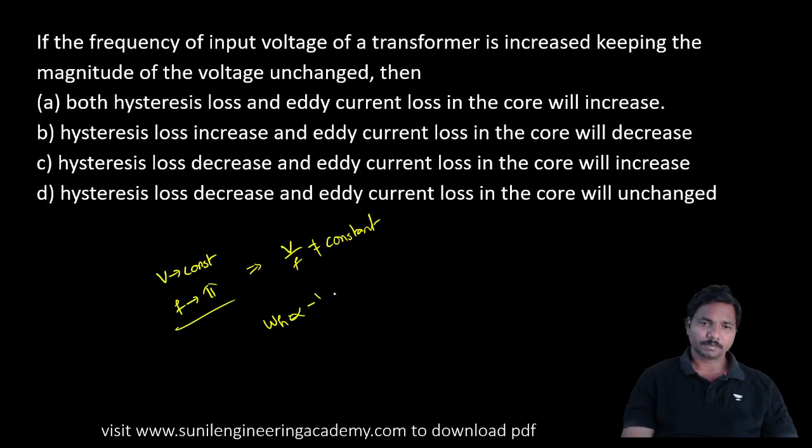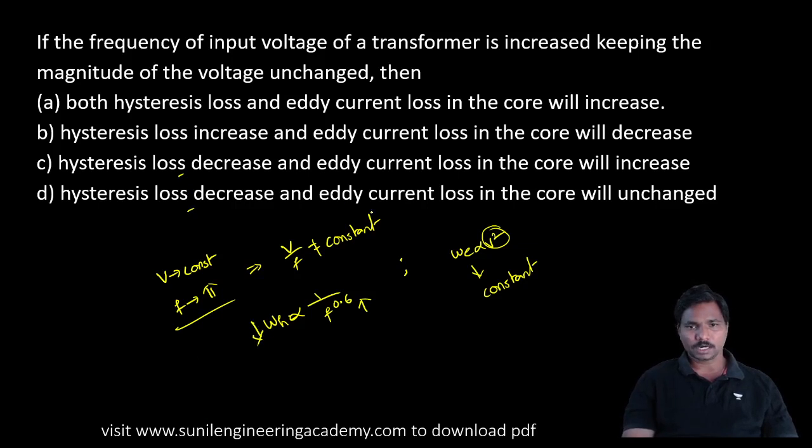Generally they are inversely proportional to F^0.6. And eddy current loss is proportional to V square. So V is constant here, so eddy current losses will be constant. As frequency increases, hysteresis losses will decrease. So here hysteresis losses are decreased and eddy current losses will be unchanged. So the answer is option D.